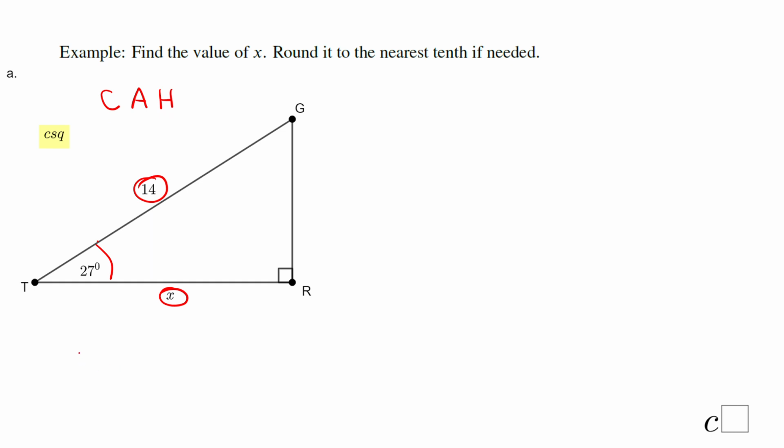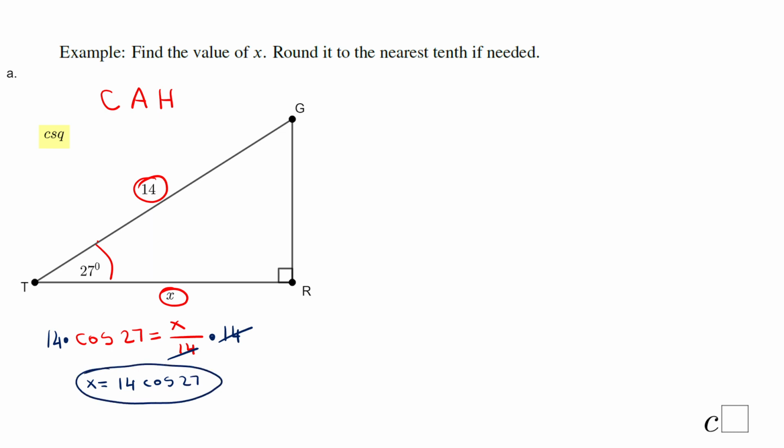So here I'm going to have cosine of 27 equal, again, adjacent x over 14. Very similar to the previous case, but I'm going to multiply by 14 now, so I can get rid of this 14. So x will be 14 cosine of 27, which is the exact answer.